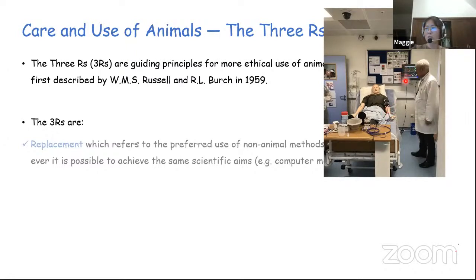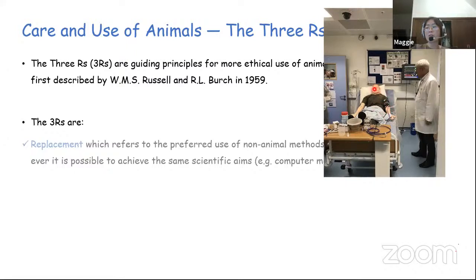As you can see, there's a screen here to monitor its heart function, and it can also respond to any other treatment from the students. As you can see on top of the ceiling, there is a camera here. Usually one of the teachers will sit behind this camera and monitor each student treating this patient.